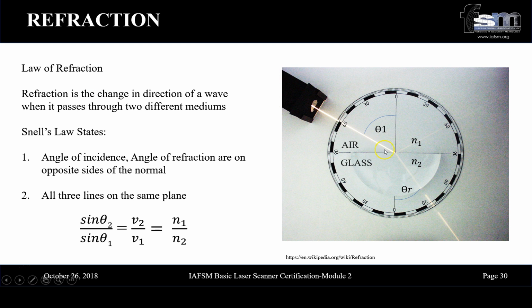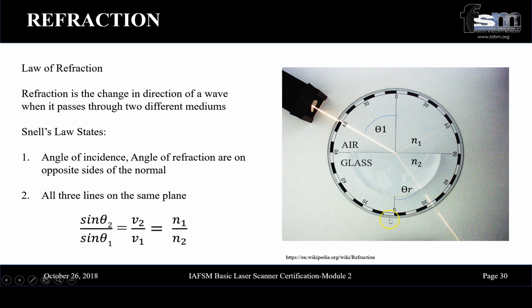We've got a laser that's coming in, and we see we've got this sort of semicircle glass prism here. The laser light comes in, hits this point here, and you can see part of it is actually reflected away, and part of it comes in. And there's a shift. If you were to continue on this path, it would go straight this way, but of course it gets refracted, and you can see that it moves towards the normal.